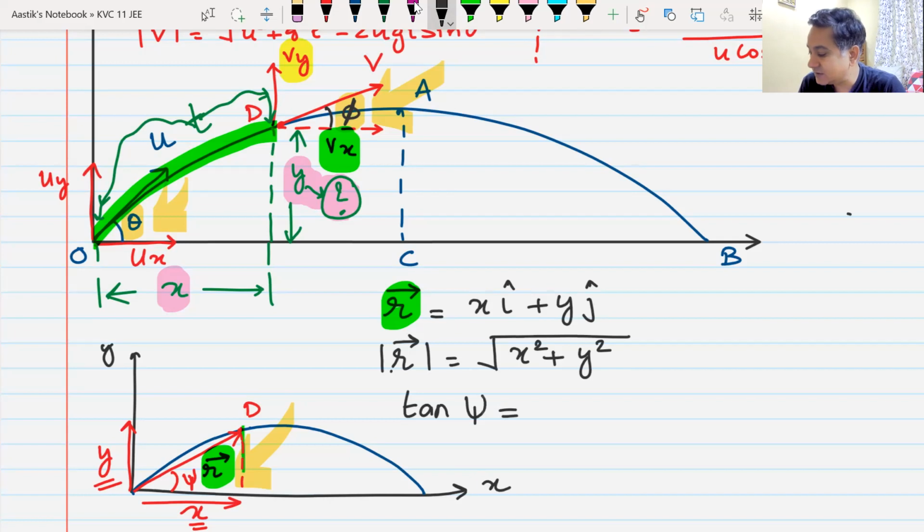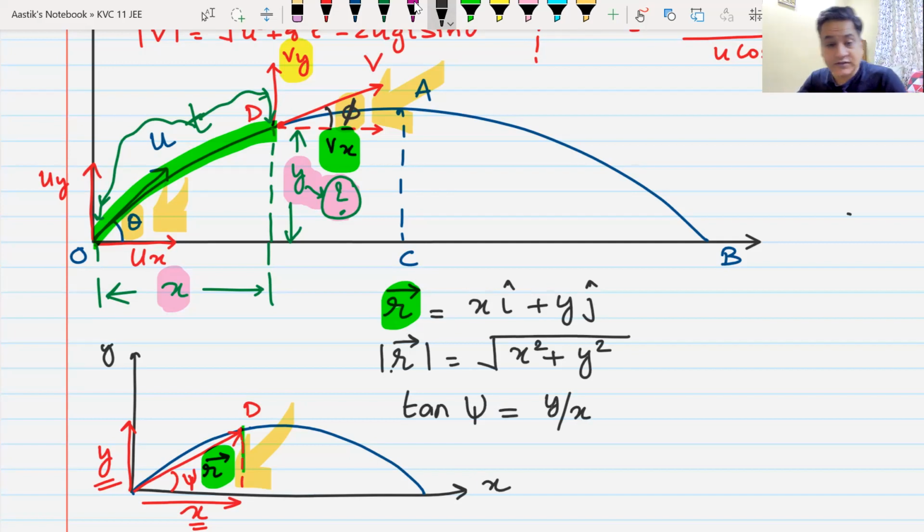Y by x. Well done. We already know the value of y, divided by x, and we are done.